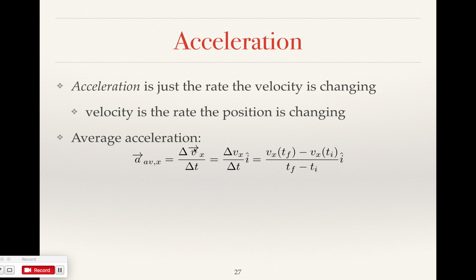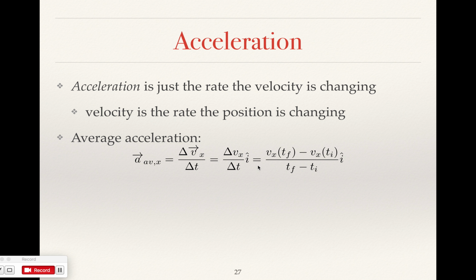So delta V over delta T. And remember, this is the x part of v since we're just in one dimension, so that's why we can also write this with a little i hat, where i hat is our unit vector in the x direction. But the important thing is it's the change in velocity in some time interval.